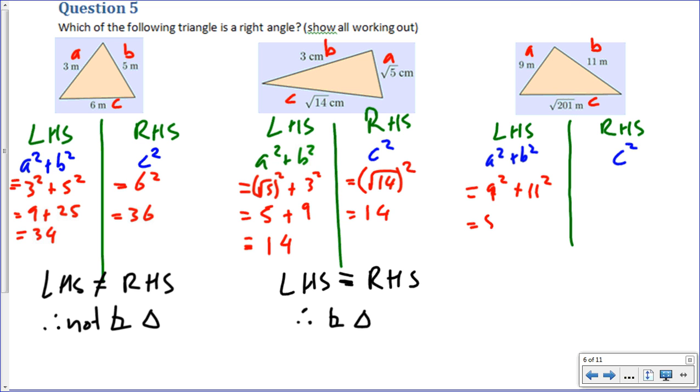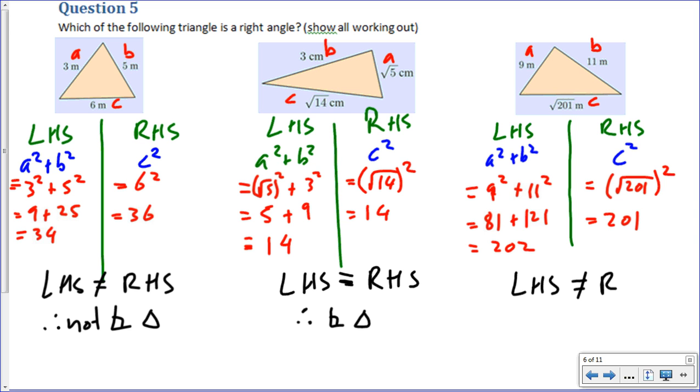So that's going to be 81 plus 121 equals 202. C squared is going to be square root 201 squared, so equals 201. So again, my left hand side does not equal right hand side, therefore not right angle triangle.